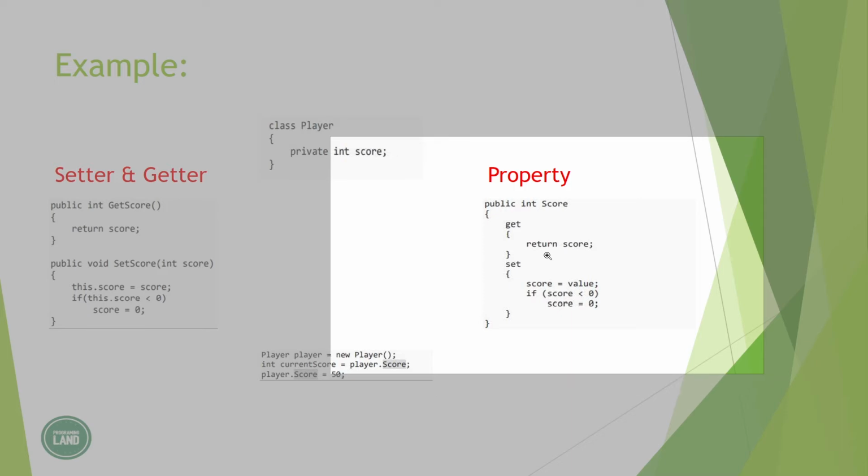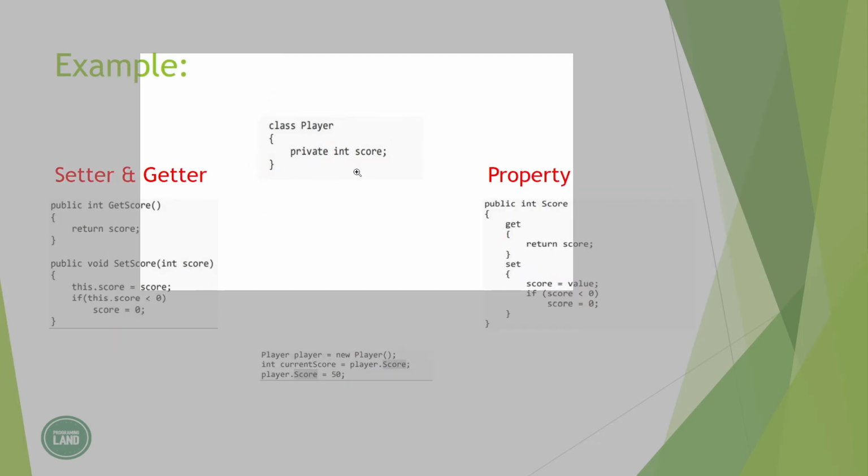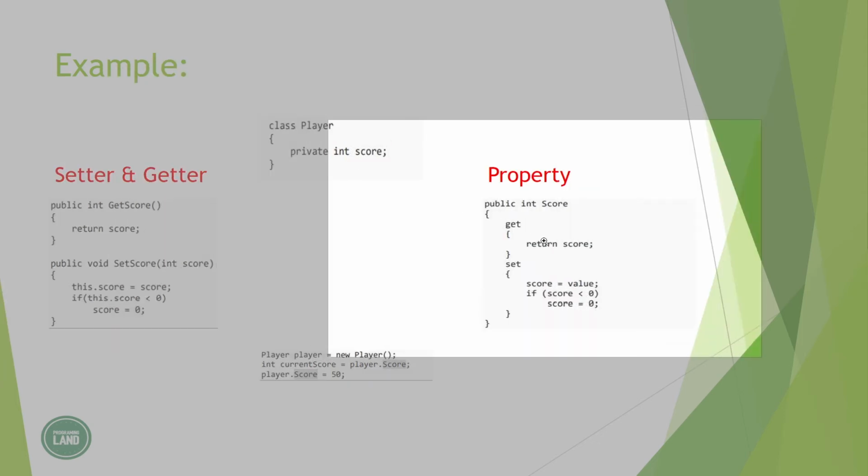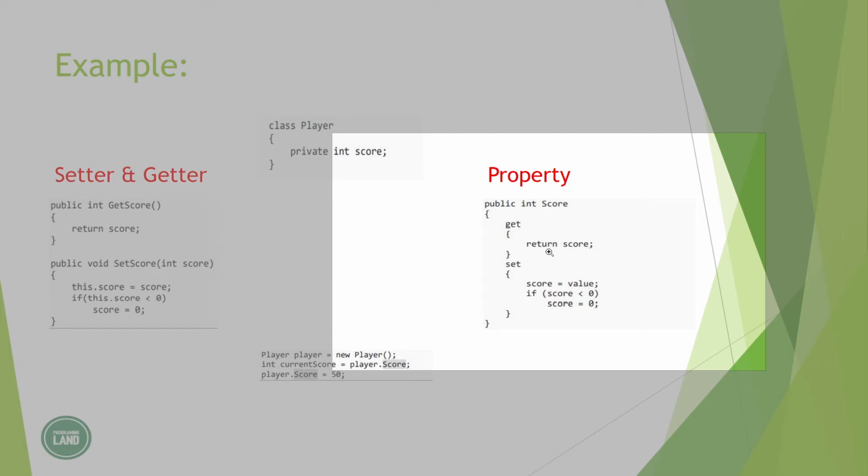Instead of those getter and setter, we write this syntax. We have public int Score. Usually it starts with a capital letter, and the private one starts with a small letter right here. Score here starts with a small letter, and this property starts with a capital letter.